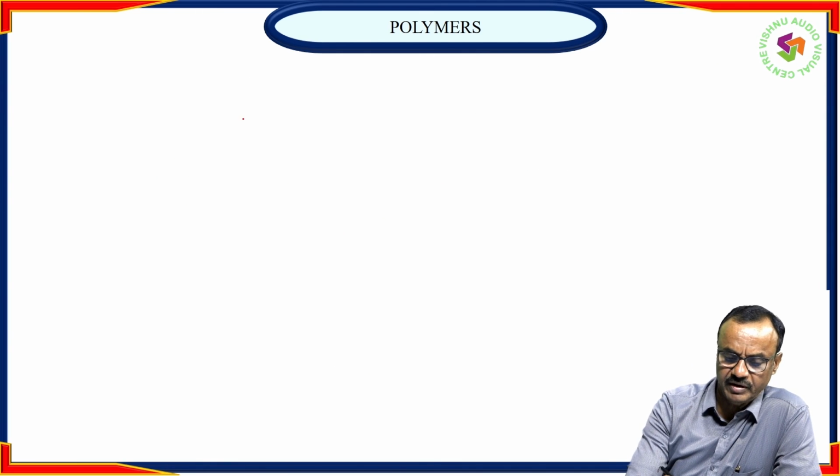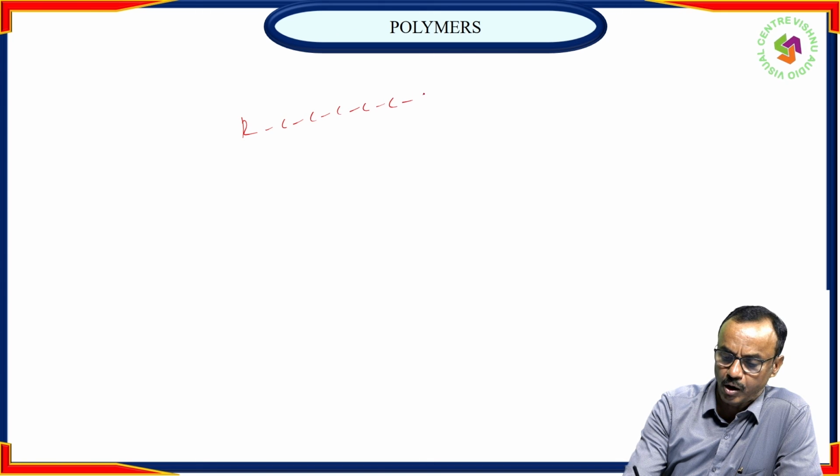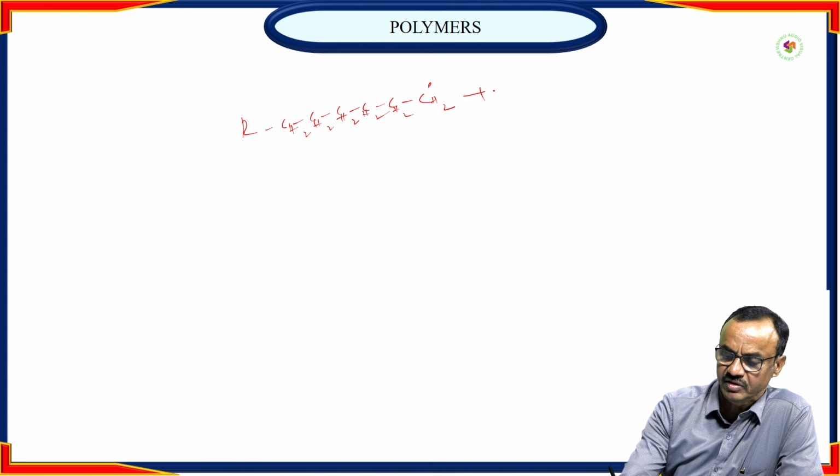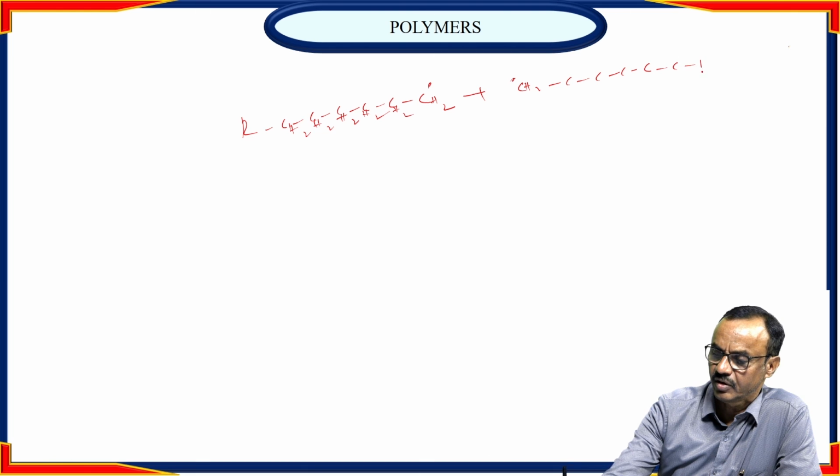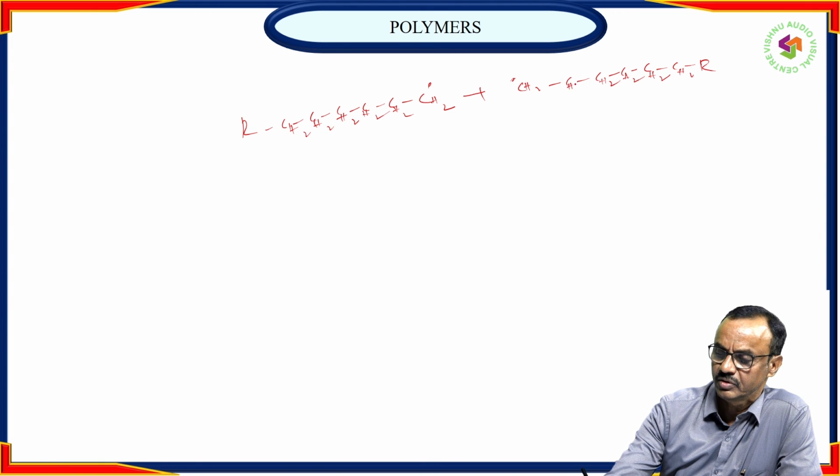All free radicals combine from chain propagation. 3, 4, 5, 6 dot, CH2, CH2, CH2, CH2, CH2, CH2 combine with, you can write this side for your understanding, 3, 4, 5, 6 are CH2, CH2, CH2, CH2, CH2.